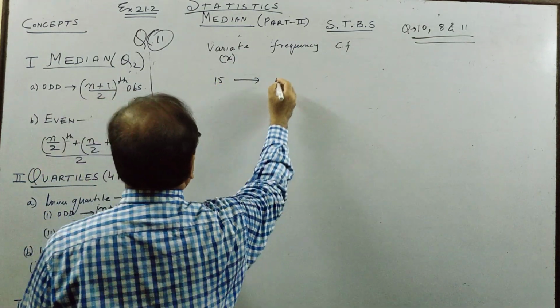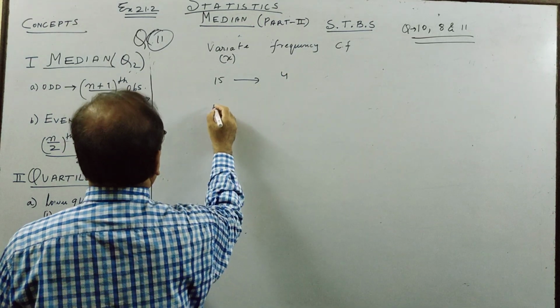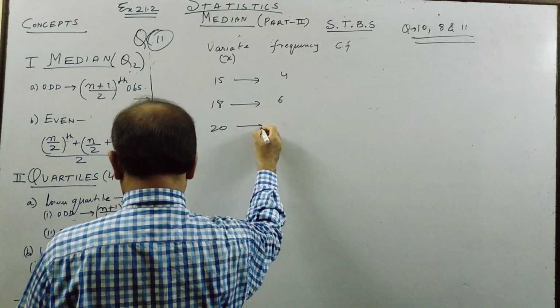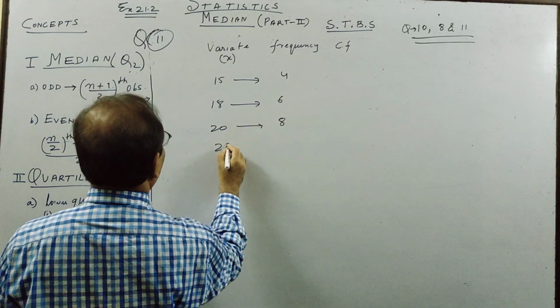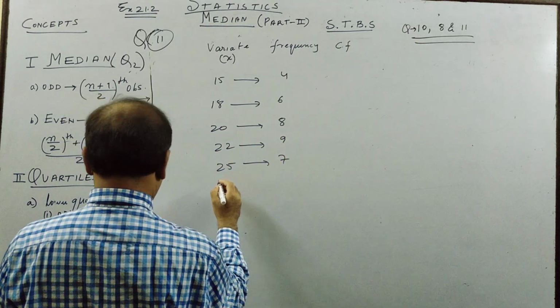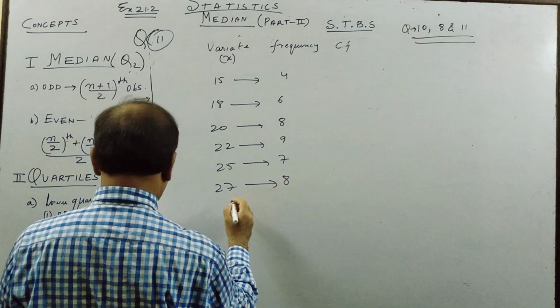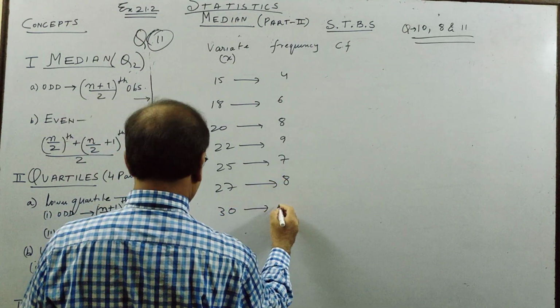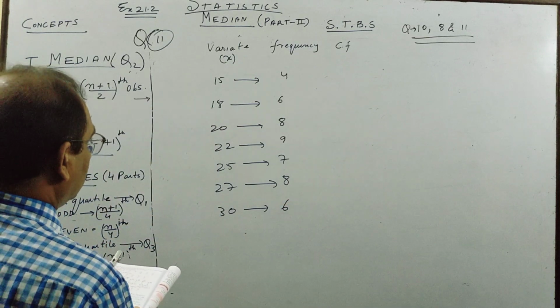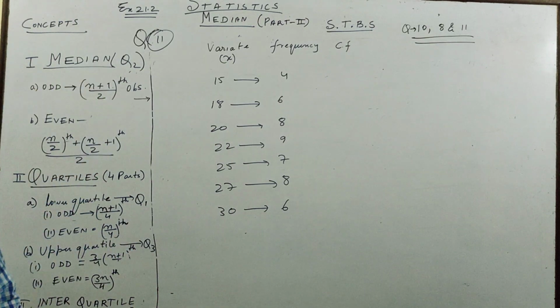It is already in ascending order, so we don't need to do it. 20, so we have frequencies 4, 6, 8, 9, 7, 8, 6.